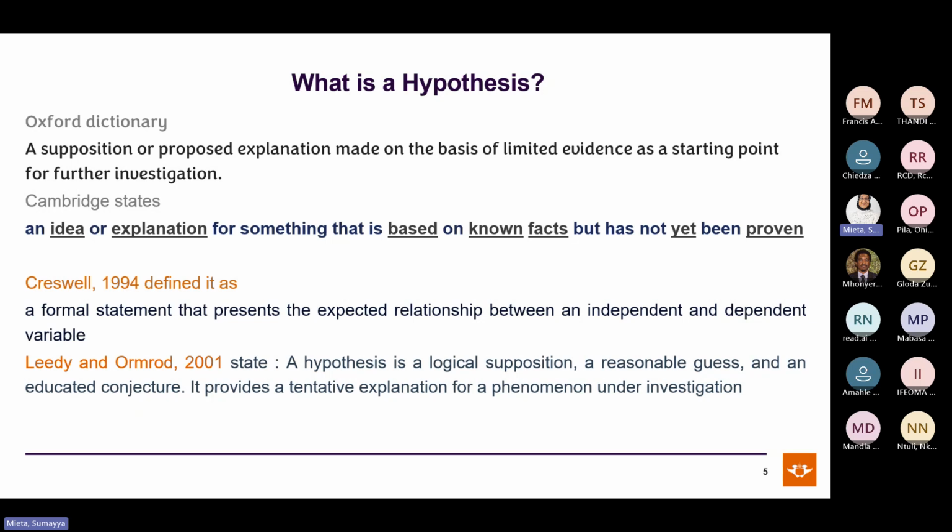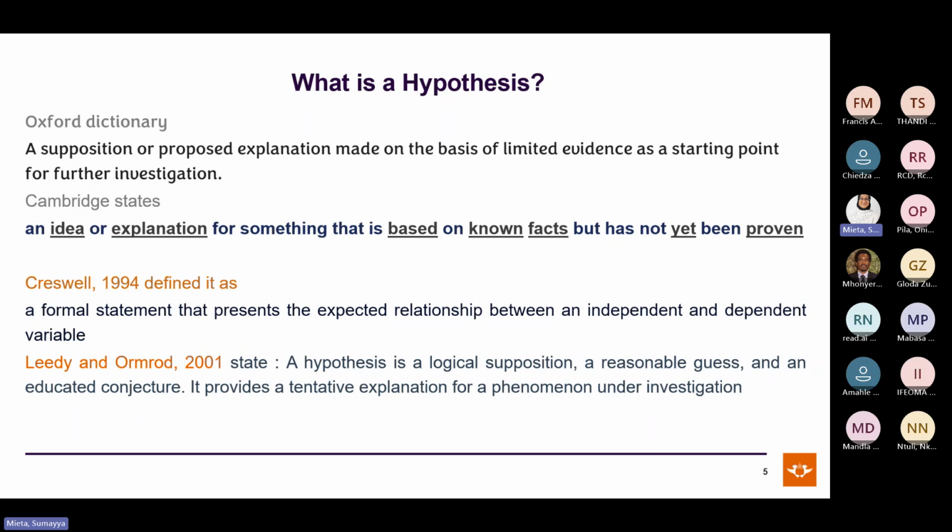The very basic definition given by the Oxford Dictionary is that it is a supposition or a proposed explanation that is made on the basis of limited evidence. So you don't have this vast amount of information available to you. It's limited evidence. And this is the starting point for further investigation, because now you want to build on this to create more evidence and knowledge.